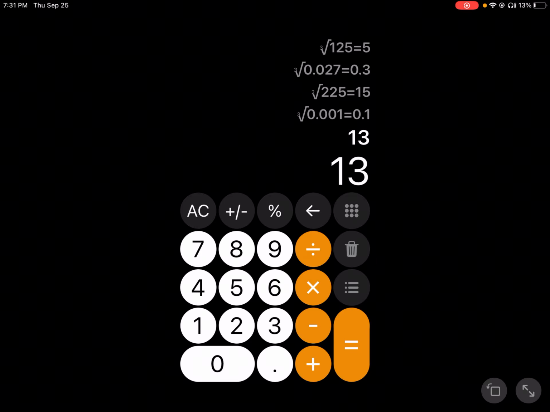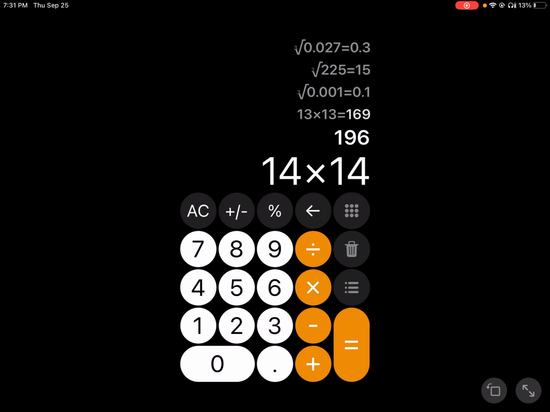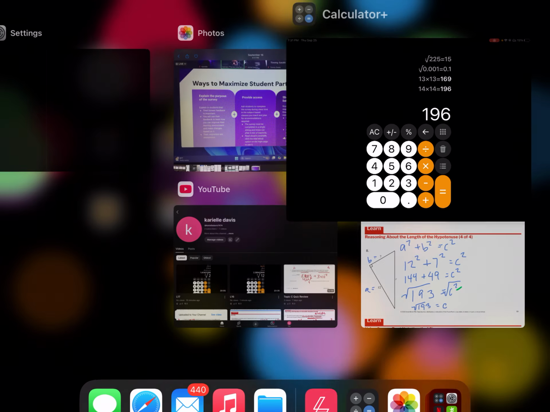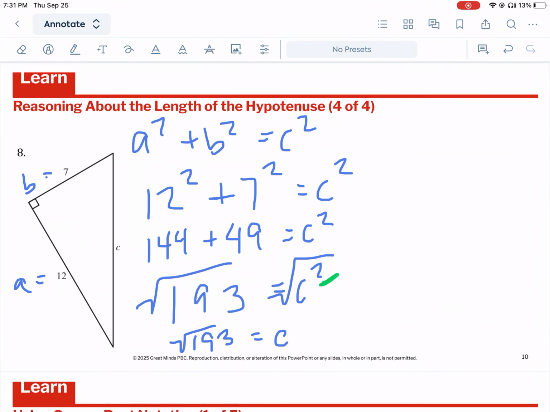Okay? So if I did 13 squared, which is 13 times 13, I'll get 169. If I did 14 squared, which is 14 times 14, I'll get 196. So that 13.89, if you round it up, that'll get you to 14. So that'll tell you where it'll come close to, and all you have to do is backtrack one number to know that it fits in between 13 and 14.